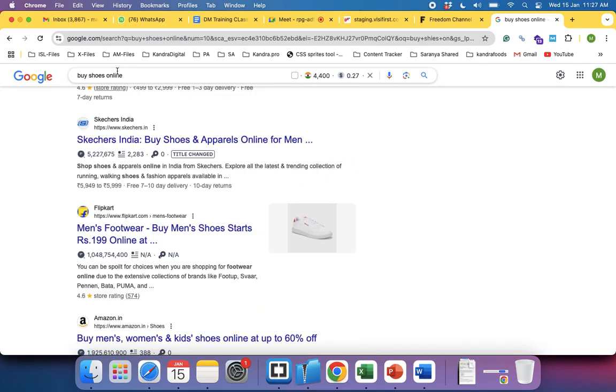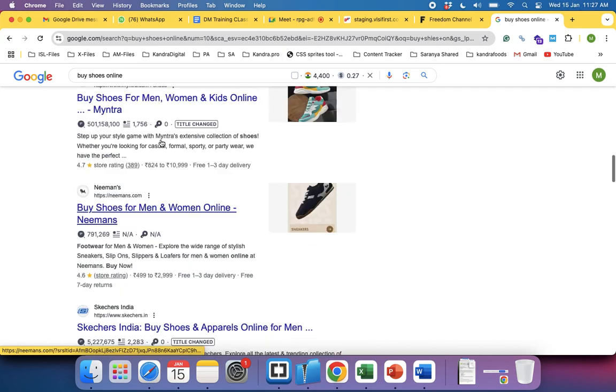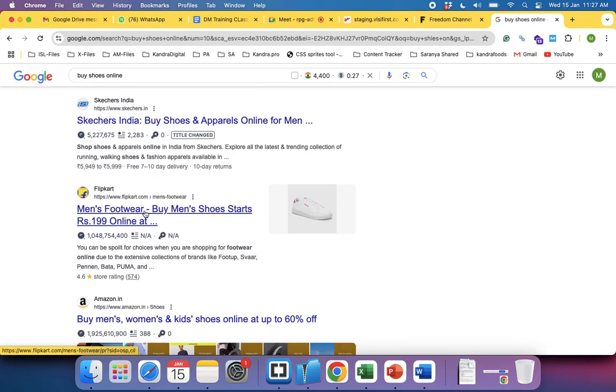I must be probably buying it for my wife. Correct? Buy shoes online, meaning they have to show only shoes. Why are they writing men? Now women who see this will not click on Flipkart. And this being the reason, Flipkart has got less click through rates. And of course Flipkart will not move to the top now. Either it has to be written something like this, buy shoes for men and women.